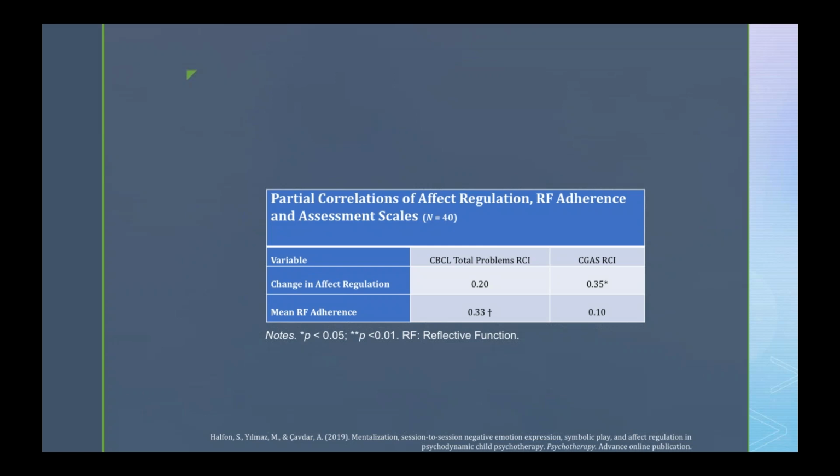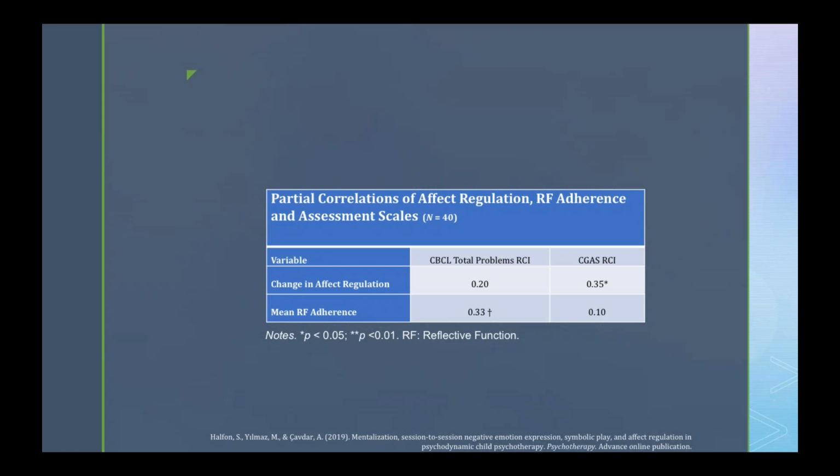I wasn't quite sure if you're referring to my research or in general, but we use the ERC, Emotion Regulation Checklist, by Shields and Cicchetti. It's a parent measure about the child's emotion regulation outside of therapy. It assesses emotion regulation in different contexts, with friends, at home, at school.